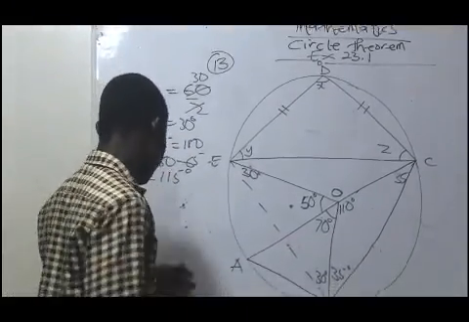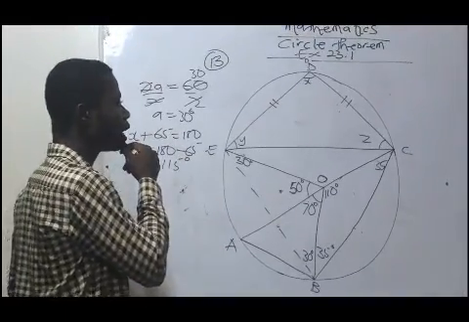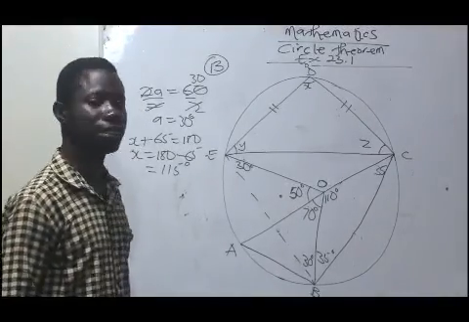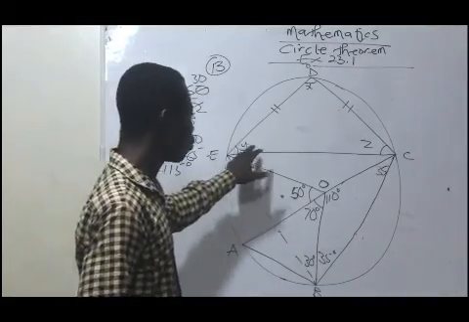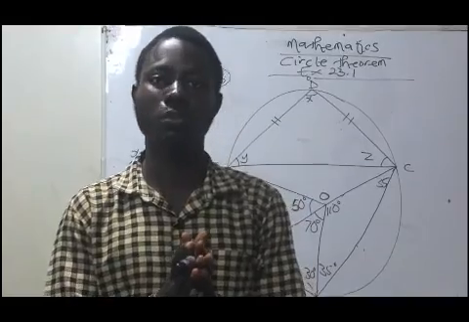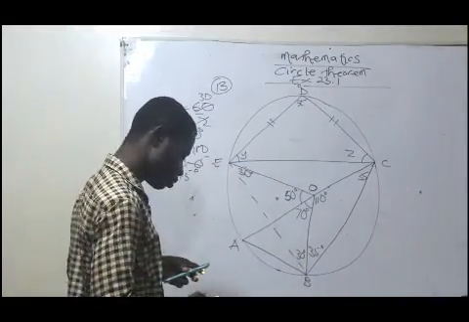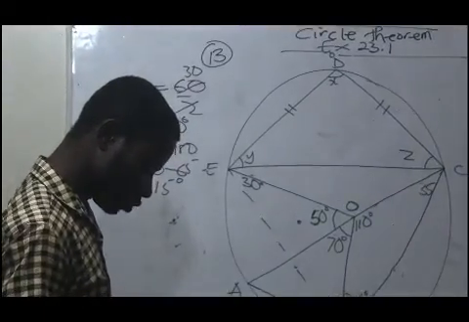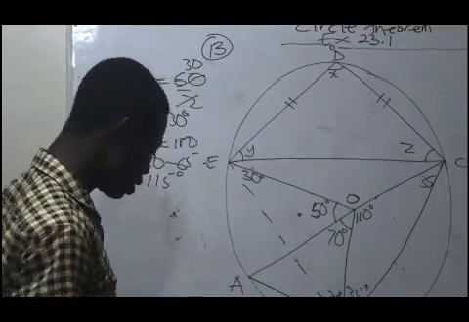So since y is equal to z, let's quickly deduct 115 from what? 180, and that simply gives us what? 65. Then if we have 65, since y is equal to z, we can quickly divide 65 by what? By 2. 65 divided by 2 gives us 32.5.